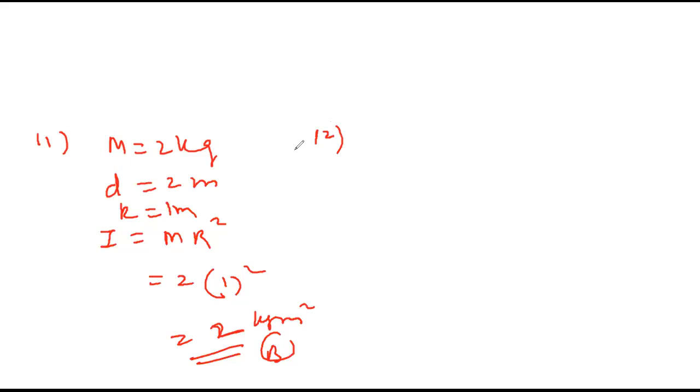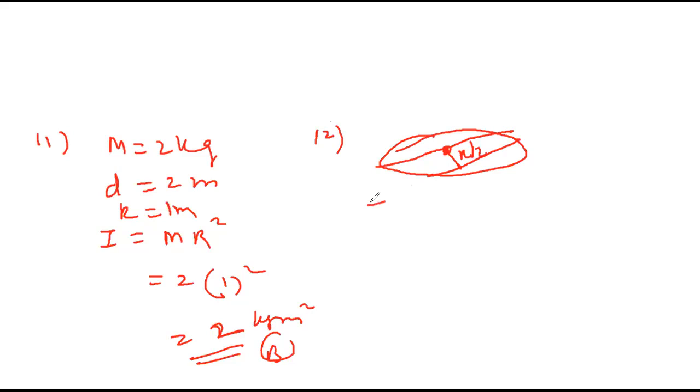Done, sir. 12. Moment of inertia of a circular loop of radius R, loop means ring, of radius R about an axis of rotation parallel to the horizontal diameter and passing through R by 2 distance.